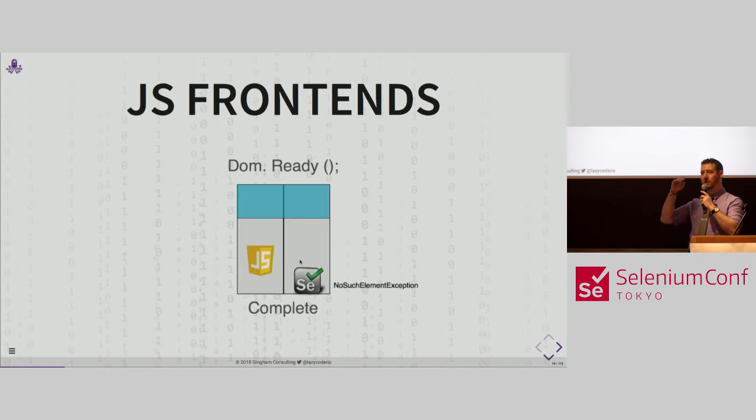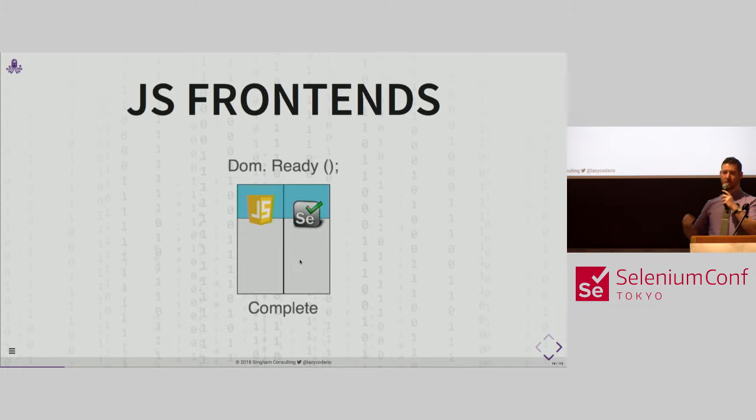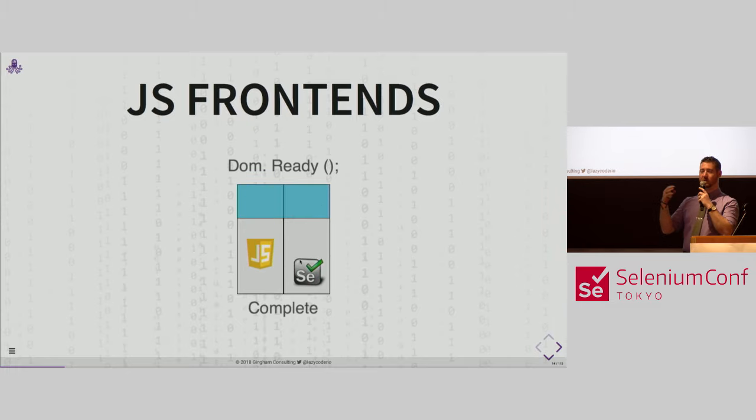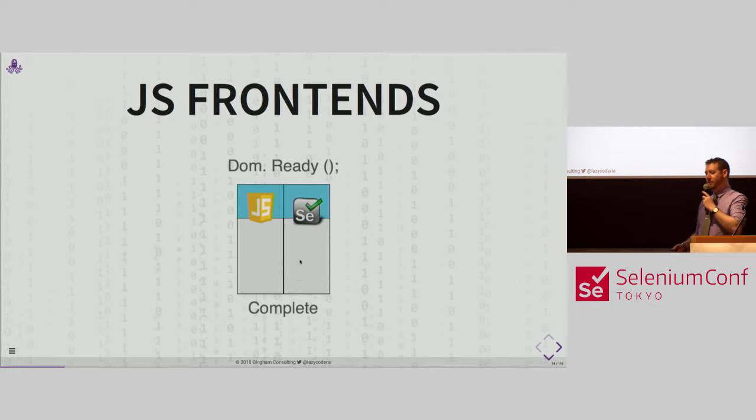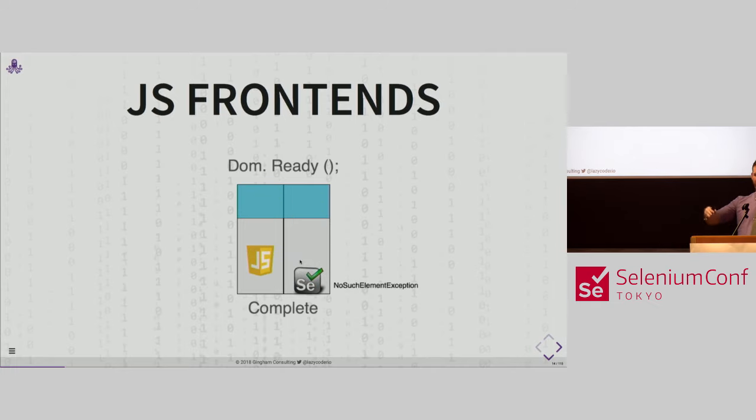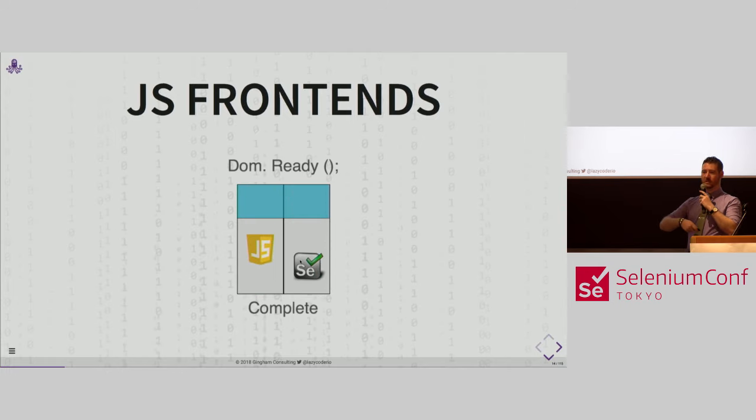If the Selenium script runs first, the element's not there, and when you go to debug it, you're just like, why is it not finding it? It's there, I see it. And it's because it was rendered after the JavaScript ran, after the Selenium already executed the command, but you will still see it on the front end.